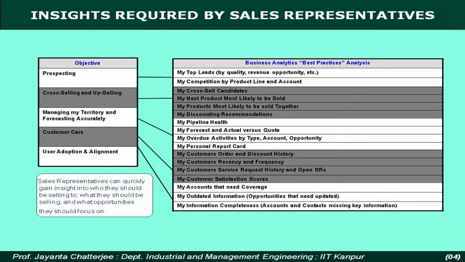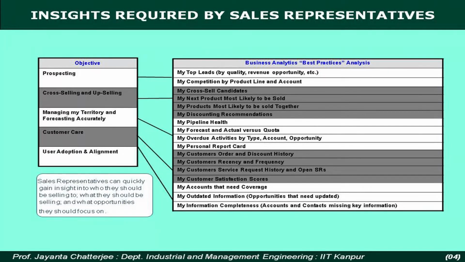From that software service, they can get my top leads, my compensation by product line and account as of now, how far of my quota I have achieved in this period, where all I am lacking.